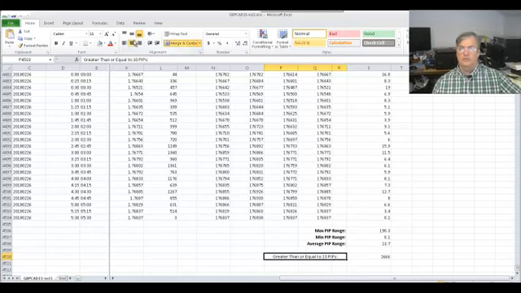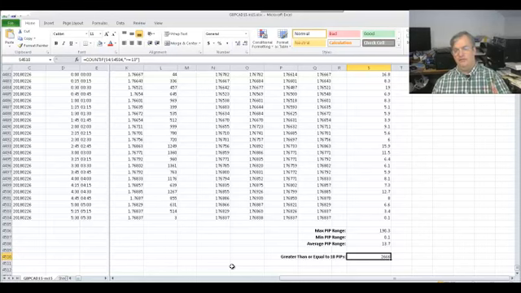Now I'm going to merge, right justified, bold. Okay, so greater than or equal to 10 pips. Out of 4,500 candles, 2,600 of them are equal to 10 pips or more.